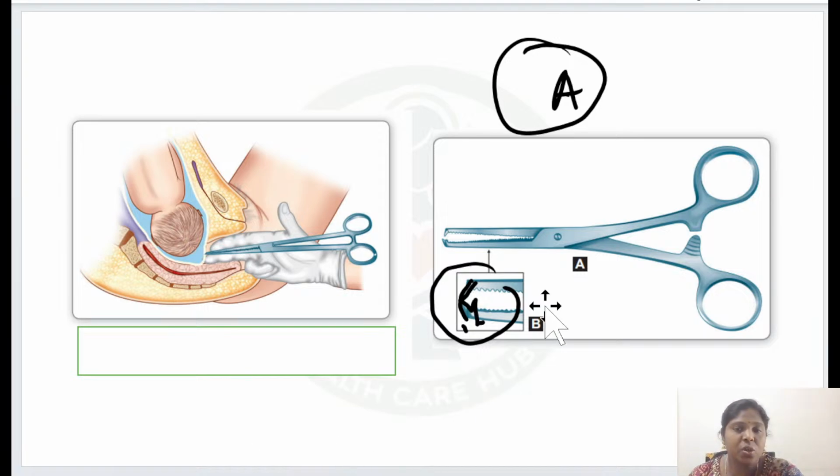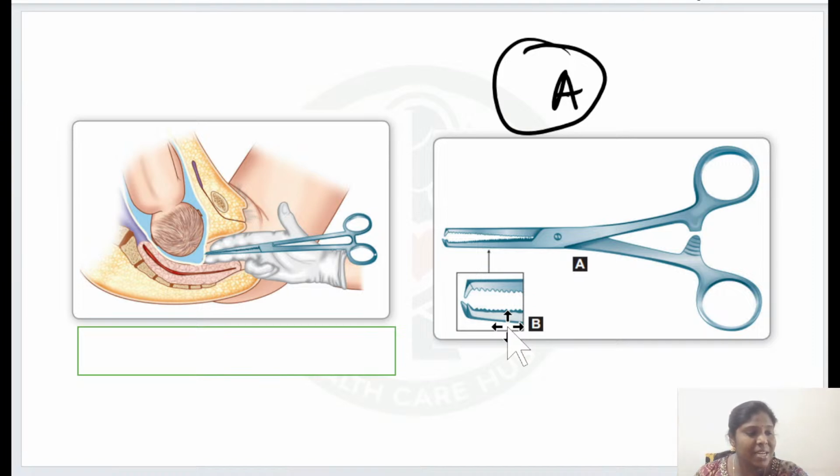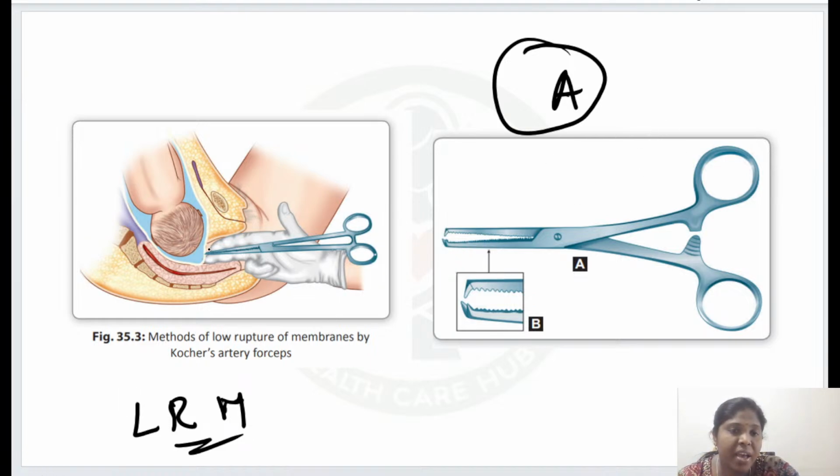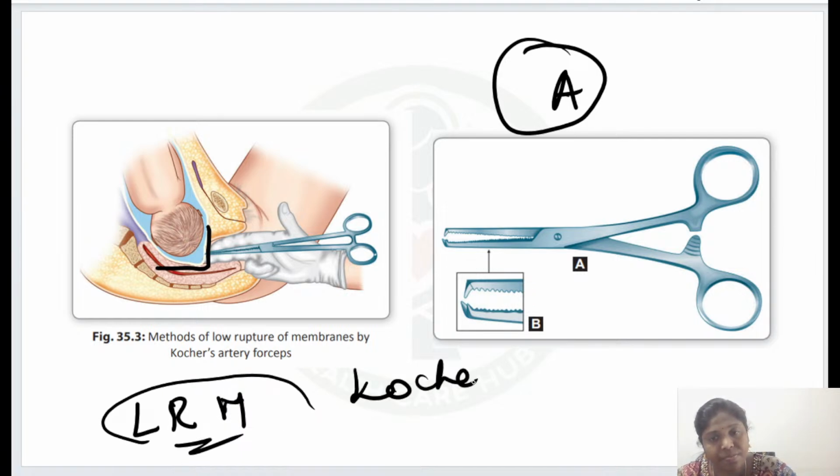So it is called Cocker's. Yes, it is called the Cocker's forceps, and this is mainly used for low rupture of membranes. For this they introduce it this way and rupture the bag of water. This is called the Cocker's artery forceps.